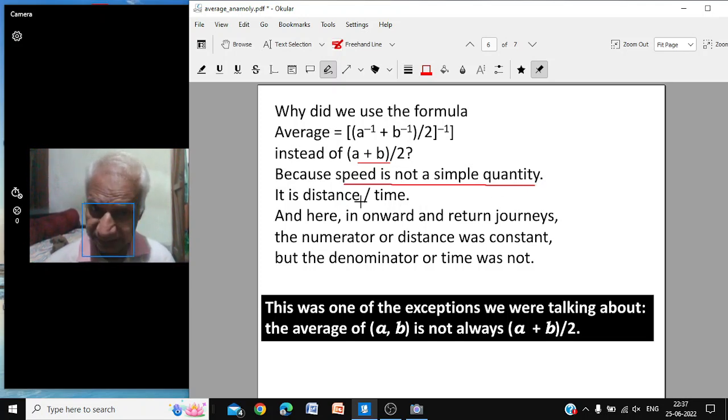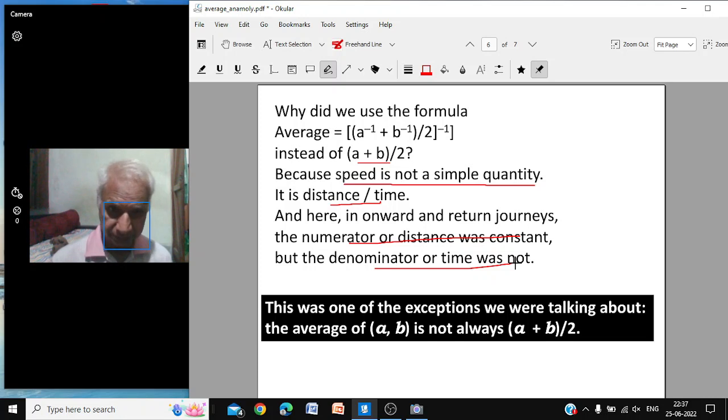It is distance by time. But there is something more. In the onward and return journey, the numerator, or the distance, was constant and the denominator, or the time taken, was not. So you have two quantities where numerators are equal and denominators are different.